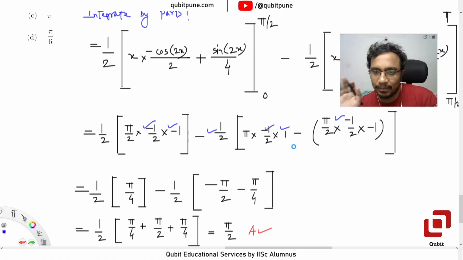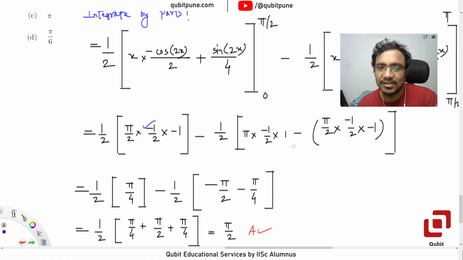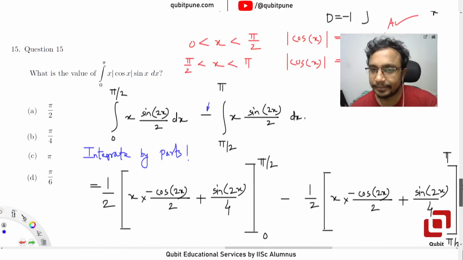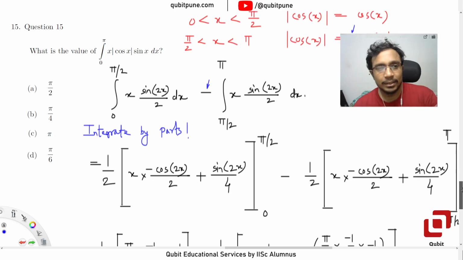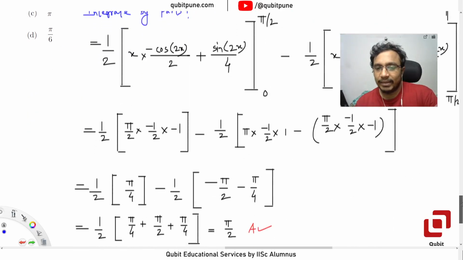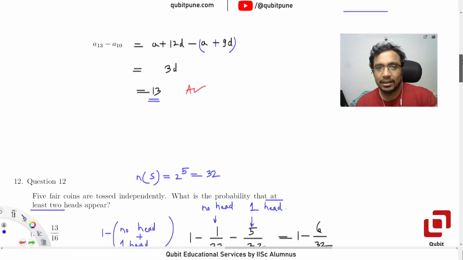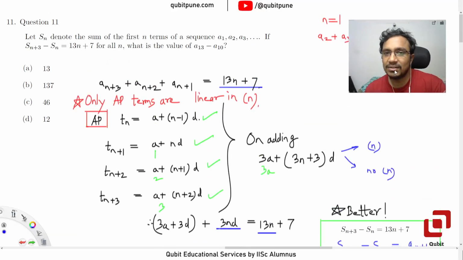So if you had paid enough attention to those negative signs, then you could have easily gotten to the correct option, and that is option A. Cool. So that was my take on maths. Very simple questions. I did not find any single question to be challenging.